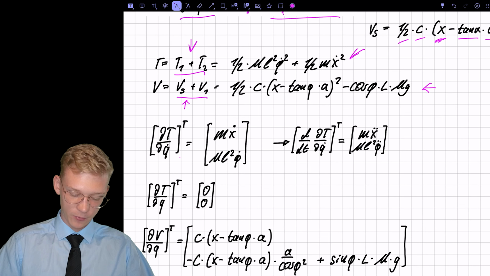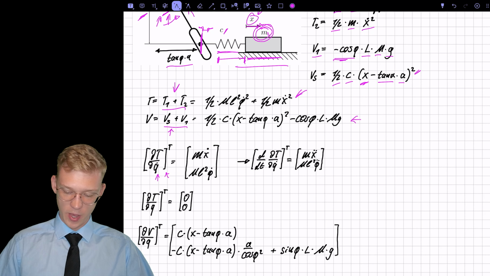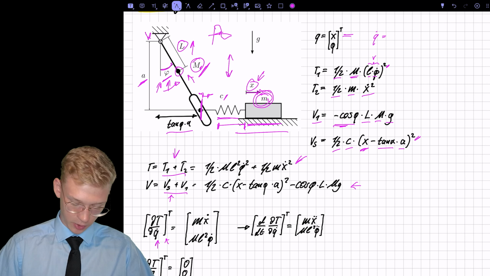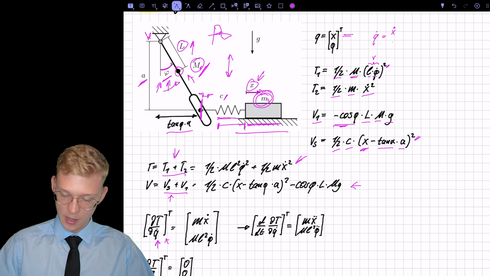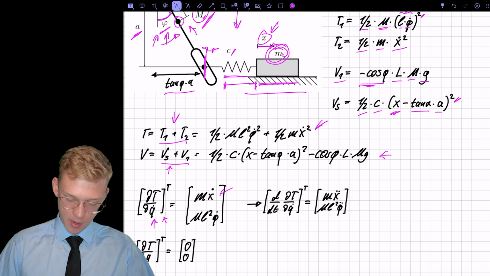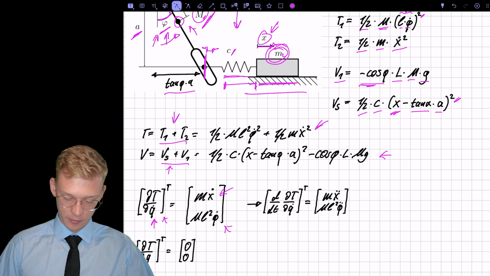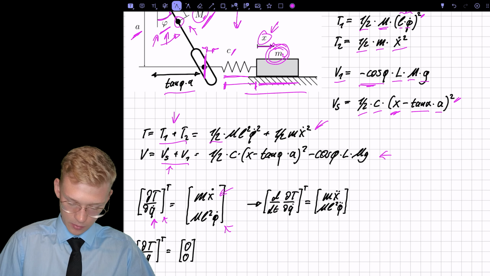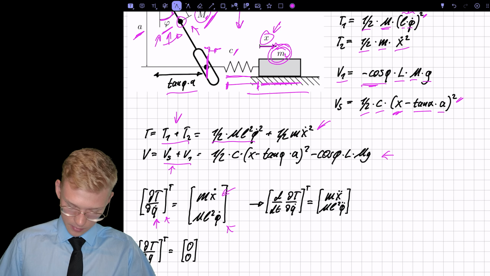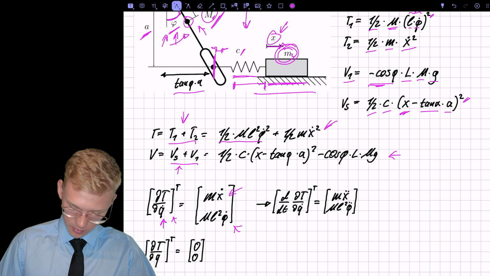First of all, we have to take a partial derivative with our q's. So we first derive with respect to q dot, and q dot is x dot and phi dot. If we derive, we get M x dot and M L squared phi dot, because one part comes from here and the other part comes from the kinetic energy.